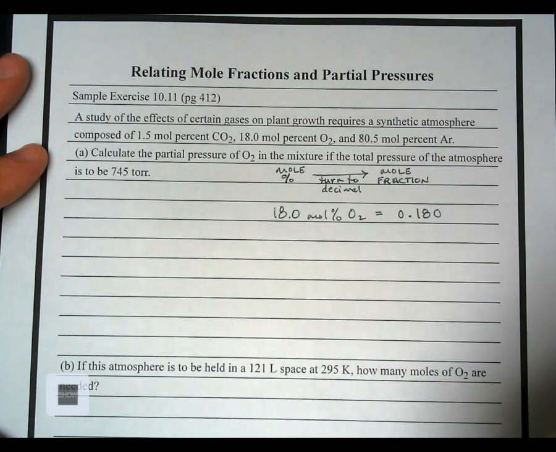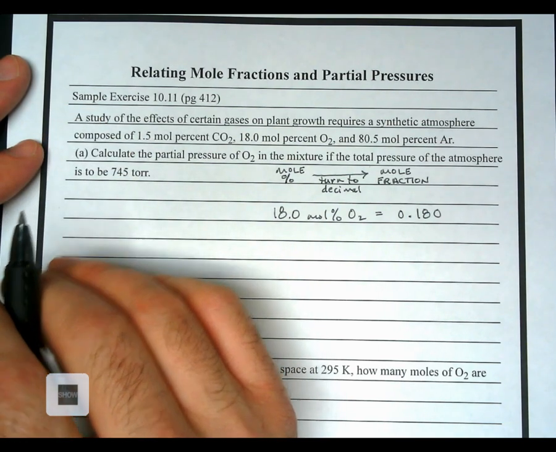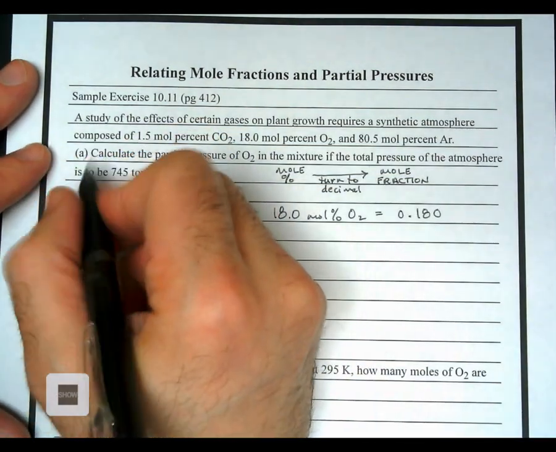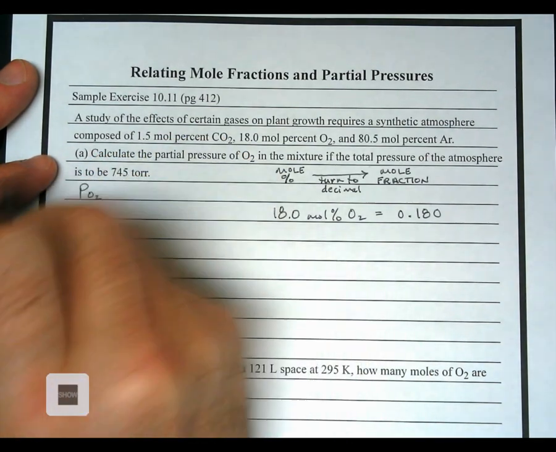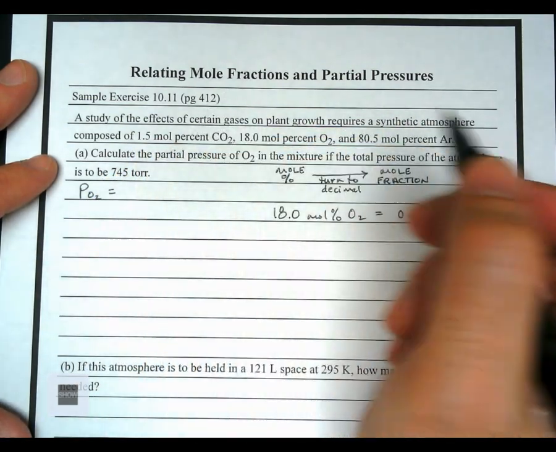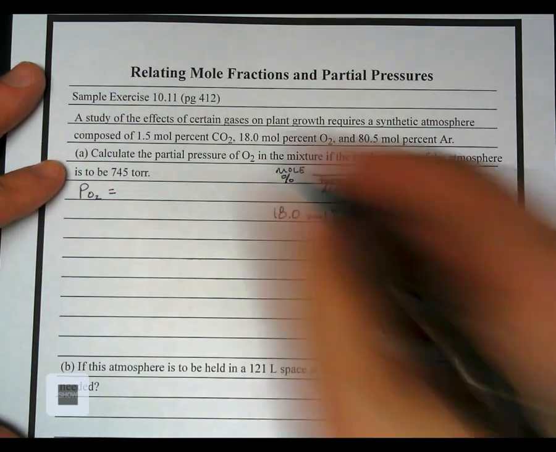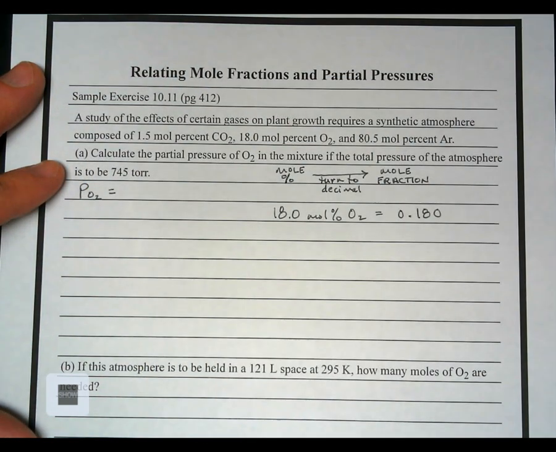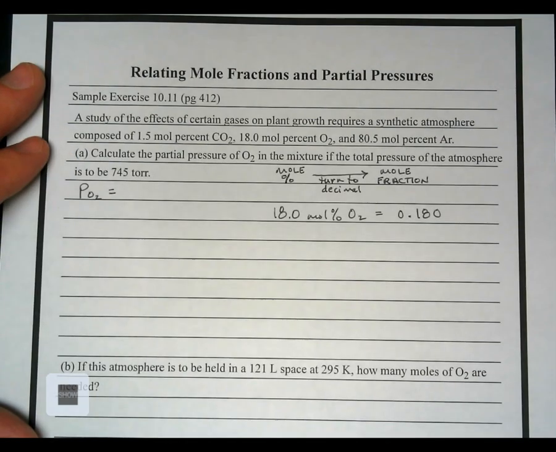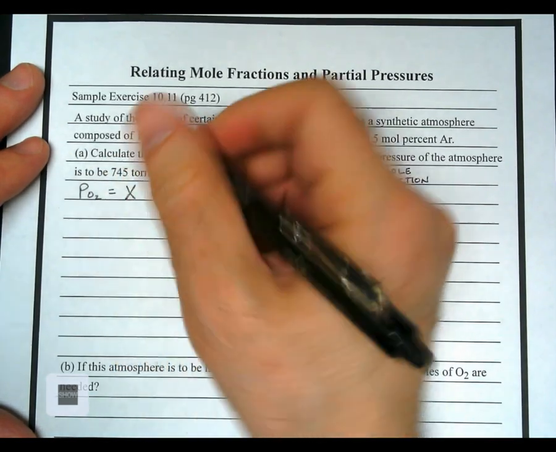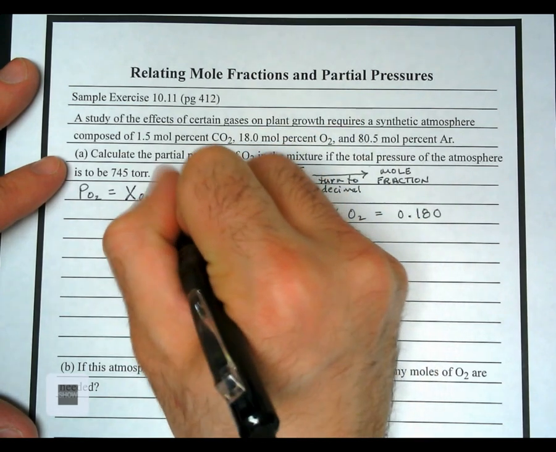All right. So we're using the mole fraction equation or concept. We want the partial pressure of O2. Pressure of O2 equals the mole fraction. You could do this as n sub O2 over n sub total, or just as x sub O2, the mole fraction of O2, times the pressure total.